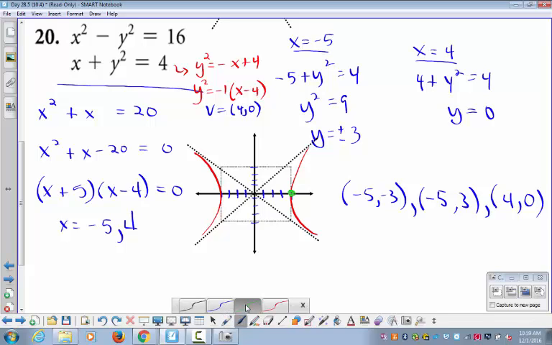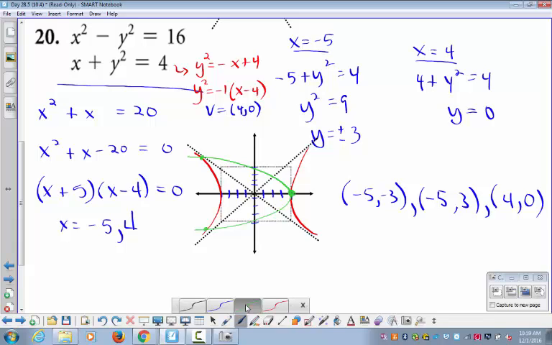And what way is it opening? Left. So what it's doing is intersecting this hyperbola over here in a couple of places. So that's why we're getting 3 answers. Question? Everybody agree that it opens left?